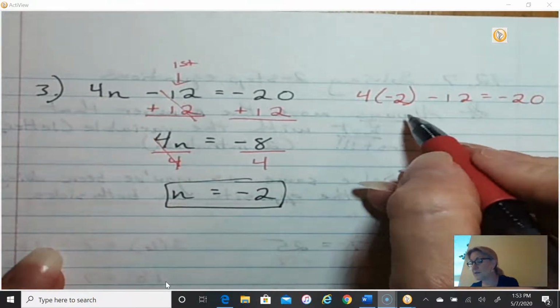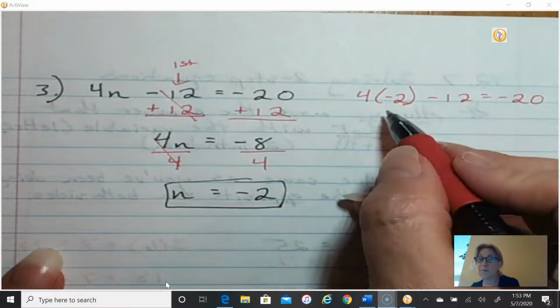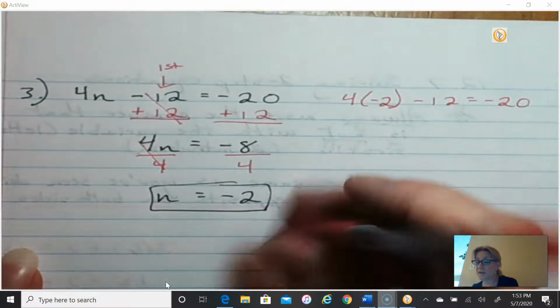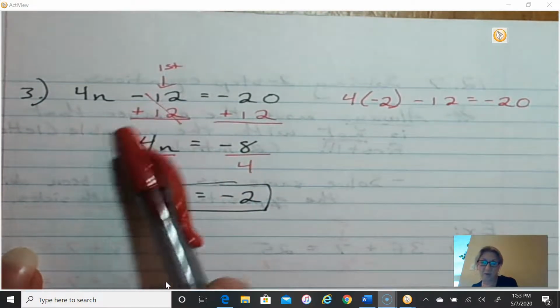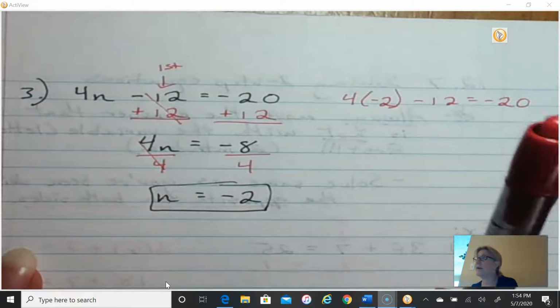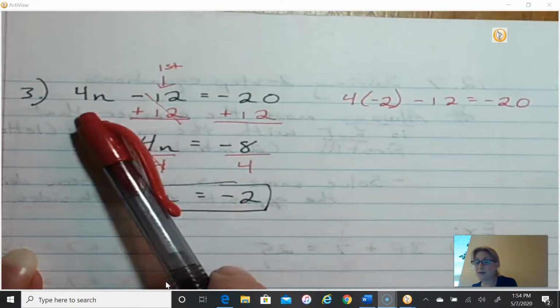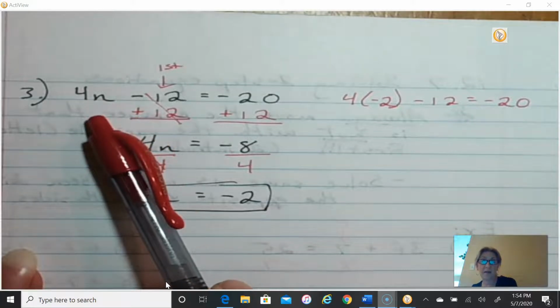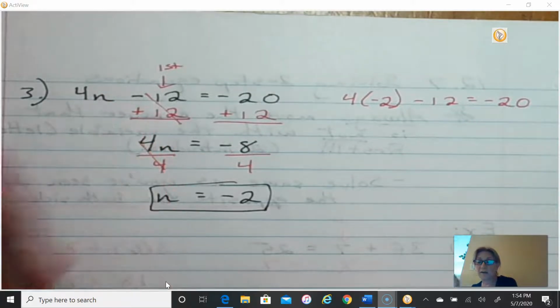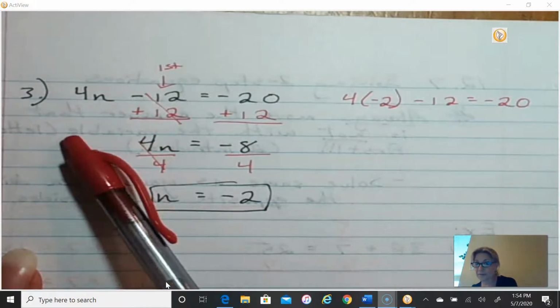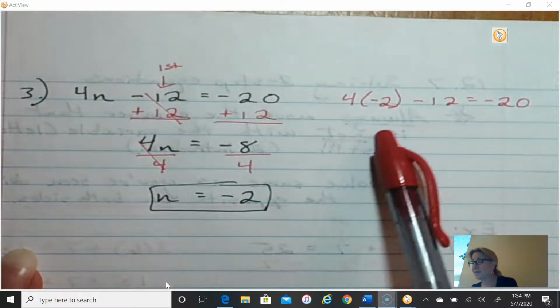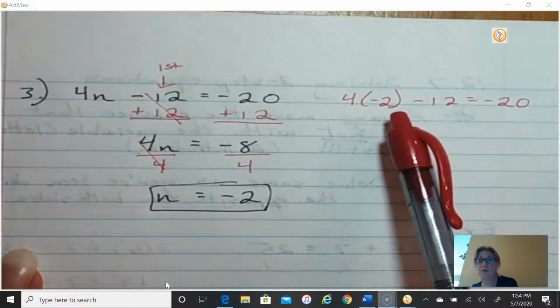Okay, 4 times -2, because remember, PEMDAS, we do multiply first. PEMDAS or order of operation does not apply while we're isolating the variable. Anytime you have a letter there, don't worry about order of operations. But right here, yes. So in this case, you do order of operations.